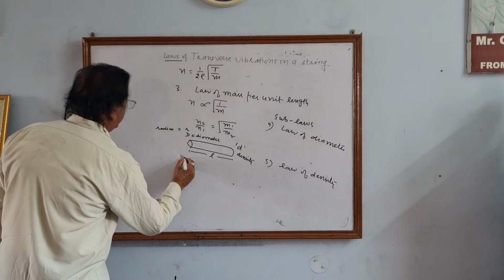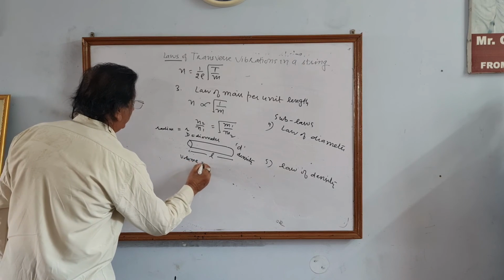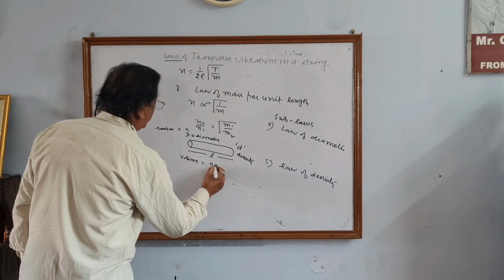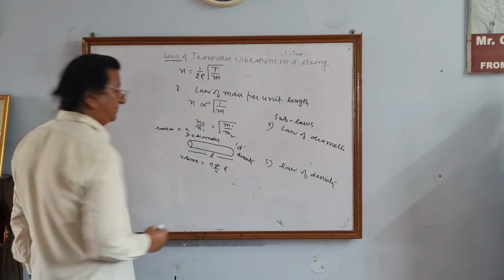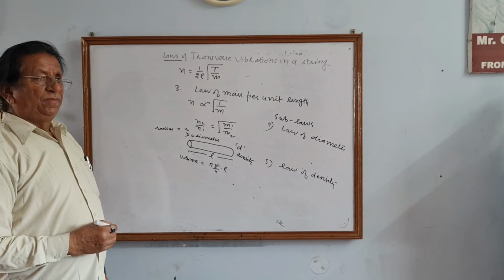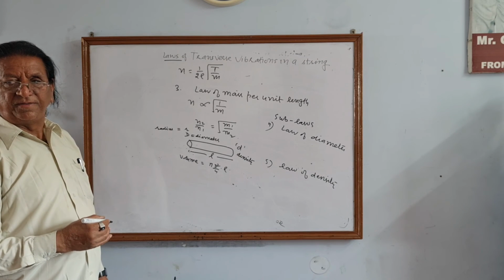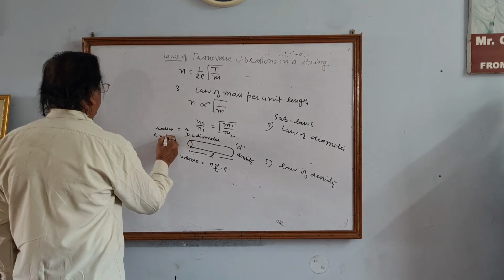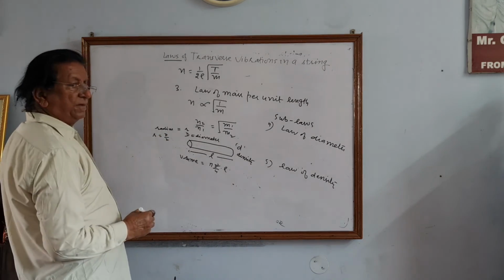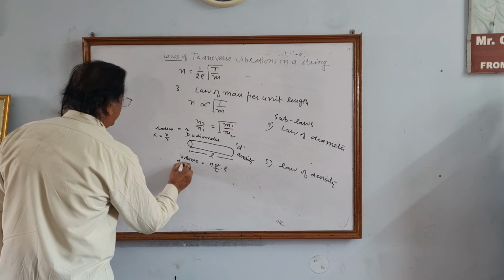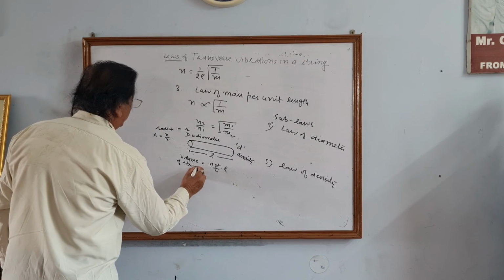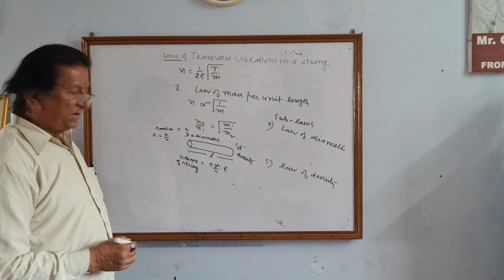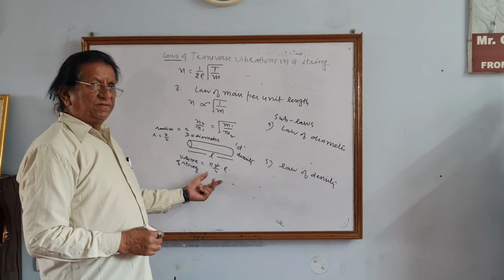And the volume of this wire, which is cylindrical, is area of cross section into the length. Pi r square, r is D by 2. This radius is half of the diameter. So volume of string, string is cylindrical. Volume of a cylinder is pi r square into h. h here is length. r is D by 2.